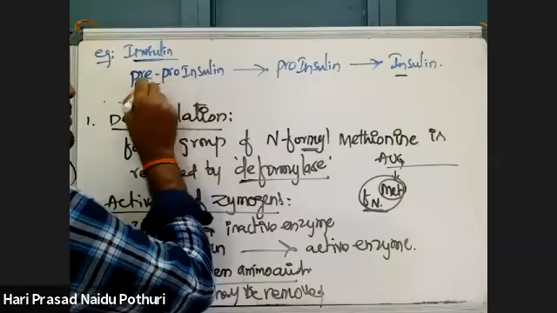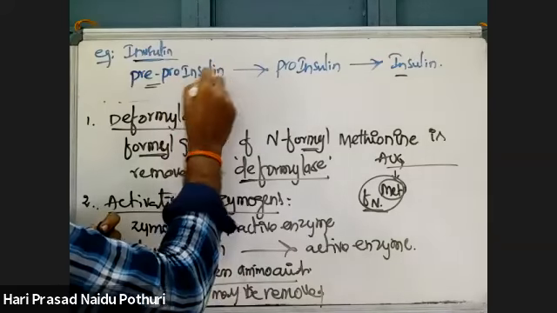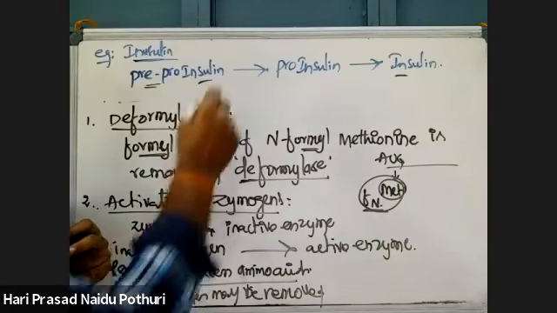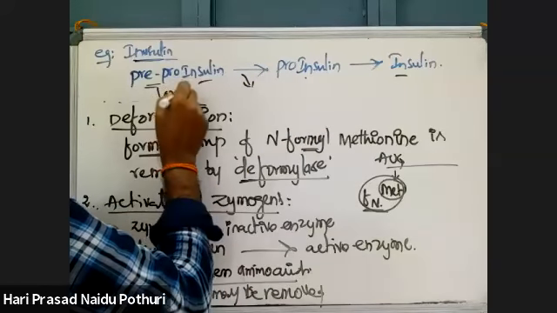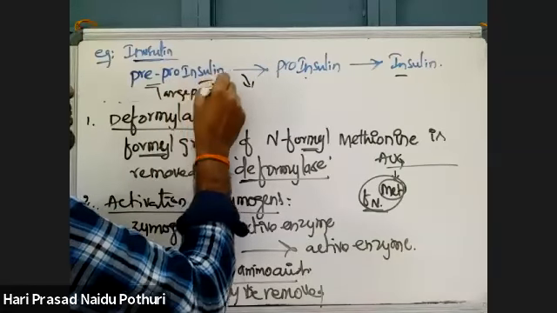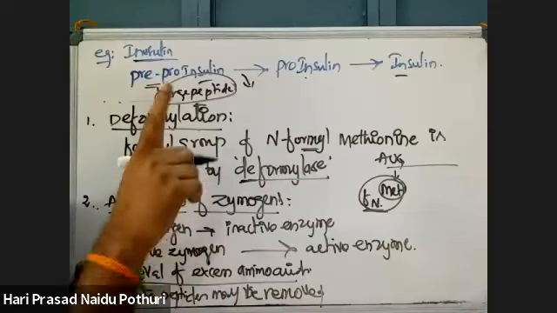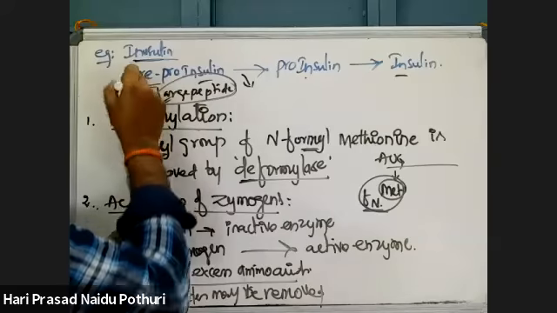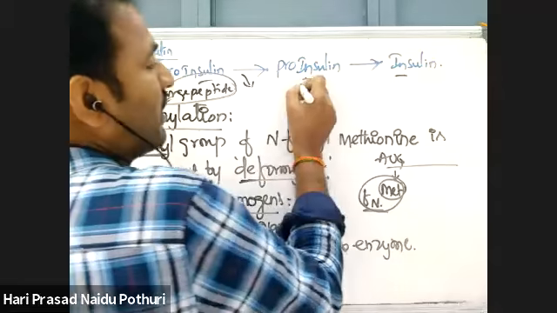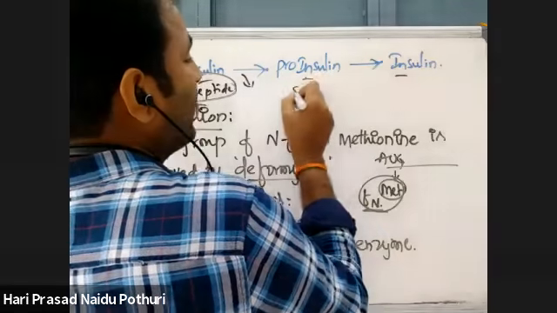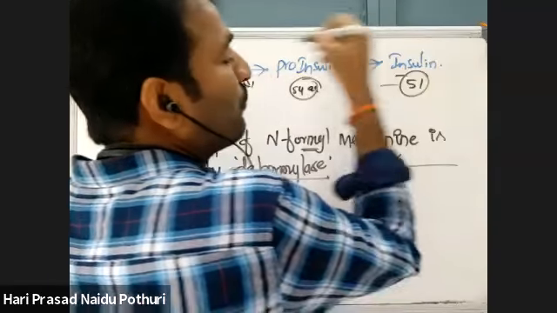This pre-proinsulin has around 110 amino acids. It is a large peptide, a precursor. From the insulin gene, a protein called preproinsulin is produced. That is again made with around 84 amino acids, and finally it is matured to 51 amino acids.